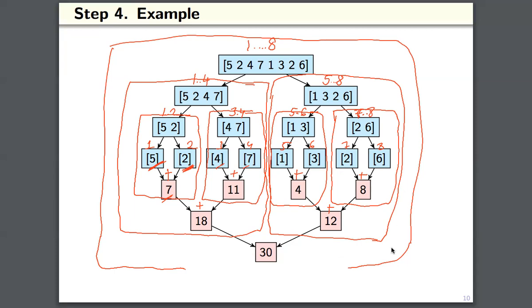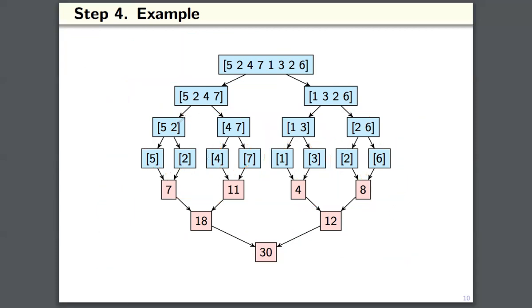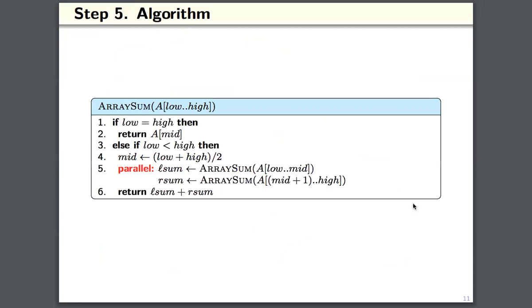Okay? So this is the execution of the algorithm on one particular example. Once you understand the working of an example, you can generalize it to say 16 elements, 32 elements, and so on.